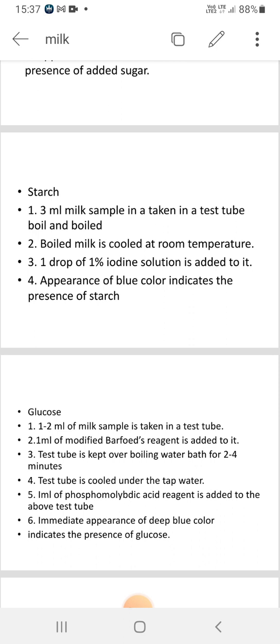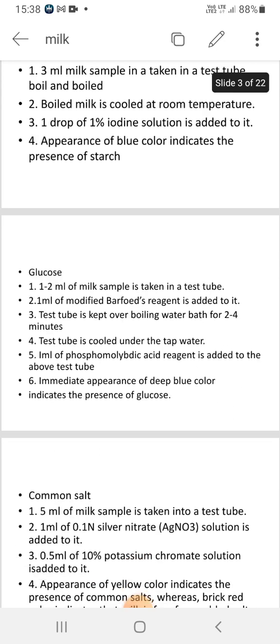So for testing the presence of glucose in milk sample, we will use the Barfoed reagent, and then the test tube is boiled for some time under boiling water bath, and then 1 ml of phosphomolybdic acid reagent is added to it. If the color is blue after addition of these reagents to the milk sample, then it is a clear cut indication that it contains glucose.